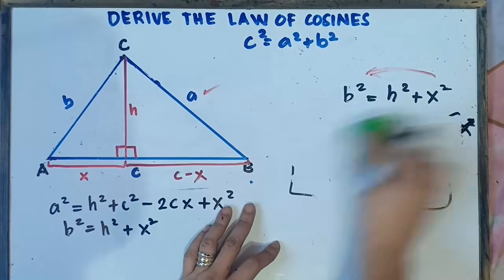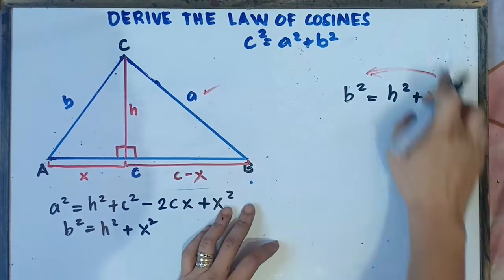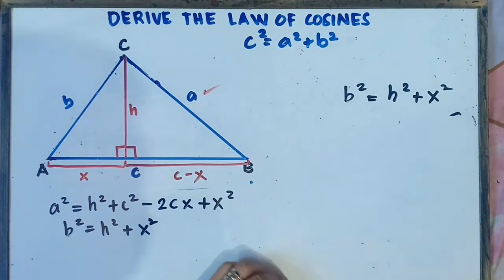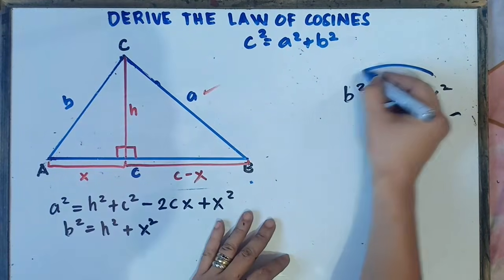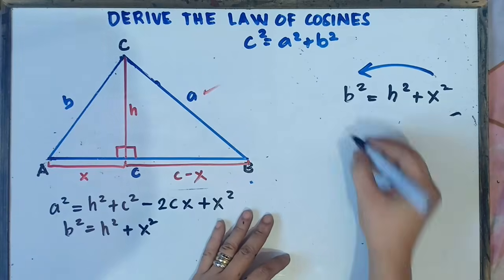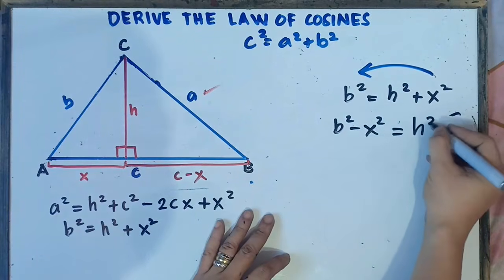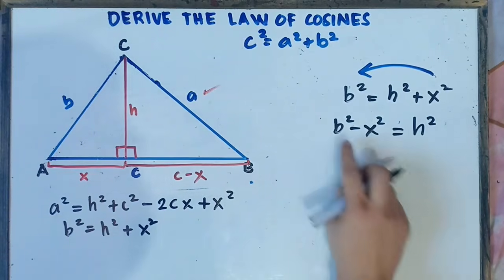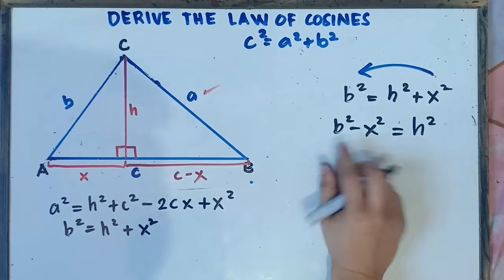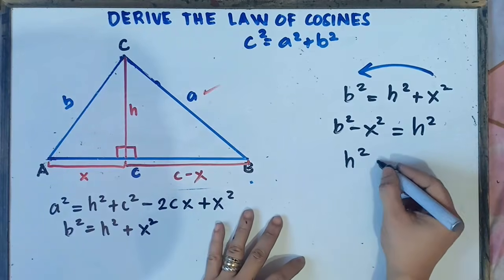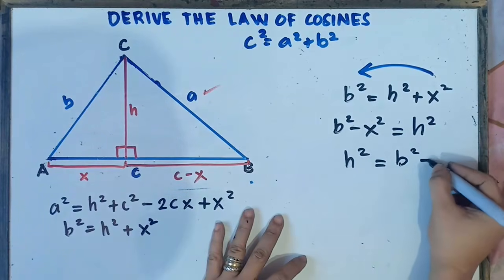Once again, you want to get the value of h. Therefore, we simply transpose x squared from right to left. So this will be b squared minus x squared is equal to h squared, or we can write that one h squared is equal to b squared minus x squared.